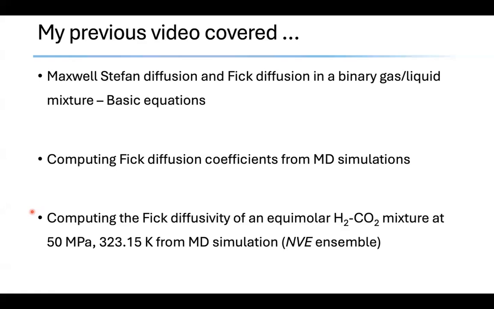It is important to remember that LAMMPS on its own cannot do these cross correlations, but one has to download the on-the-fly calculation of transport properties, or the OCTP plugin developed by the engineering thermodynamics group at TU Delft to calculate or enable these cross-correlation calculations.